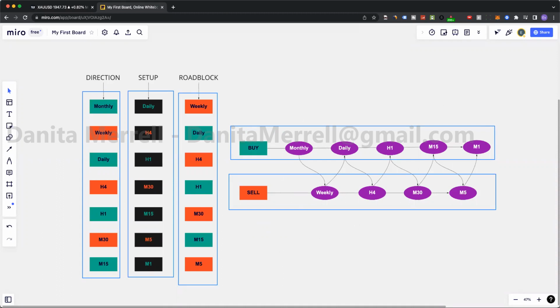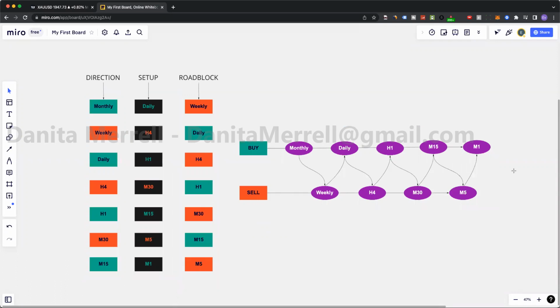So for example, let's clear all my drawings. Let's say we were taking a setup from M1. Setup in M1, roadblock in M5. M1 setup to get to M15.